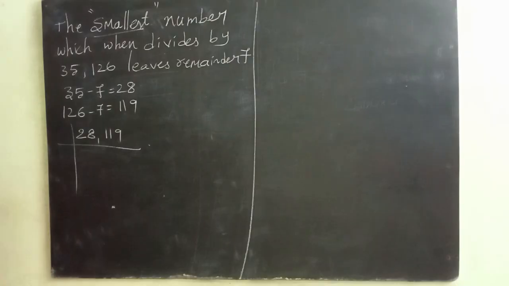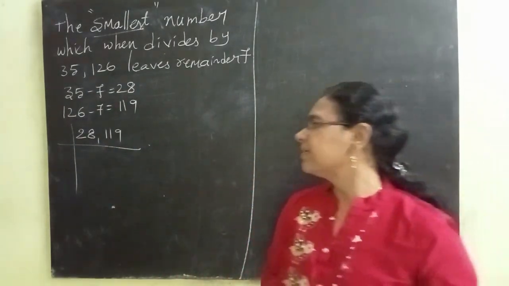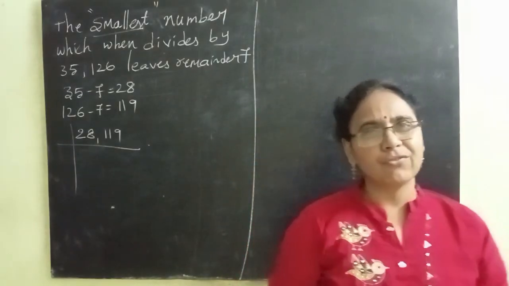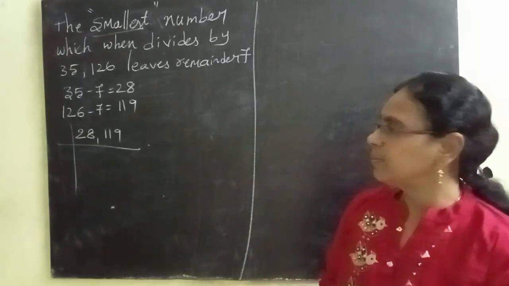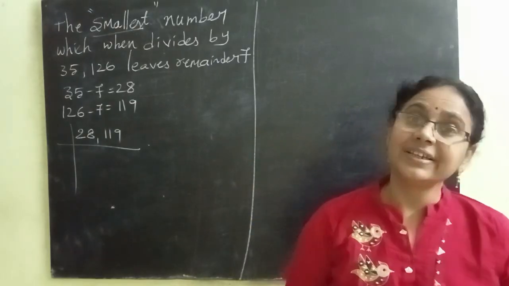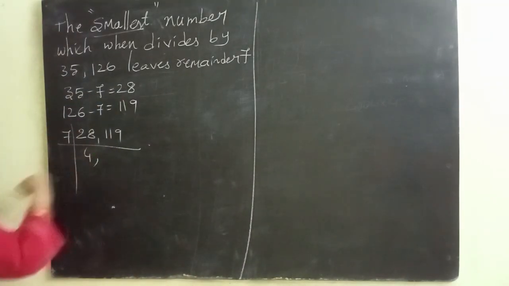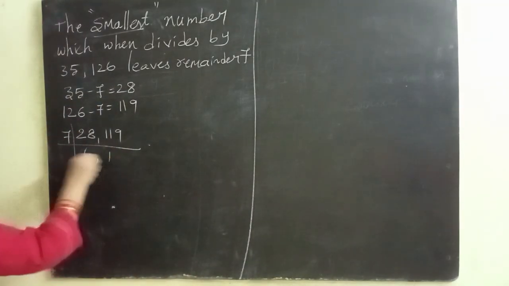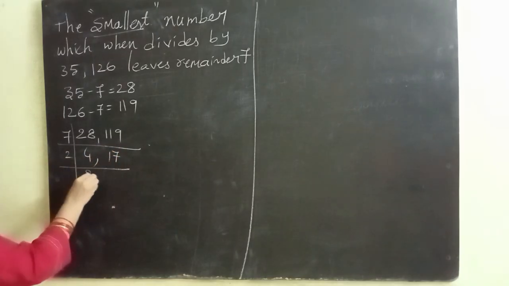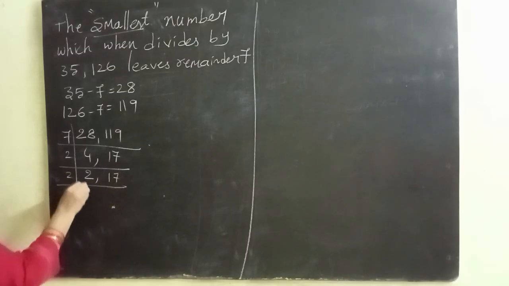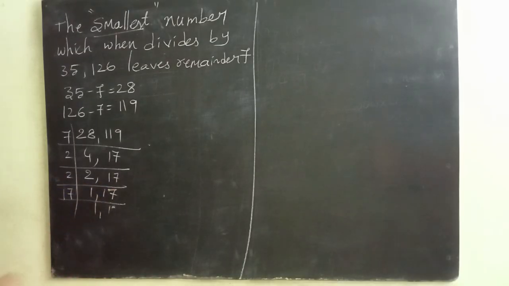Both numbers are not divisible by 2, not divisible by 3, not divisible by 5. Are they divisible by 7? Yes, 28 is divisible by 7, and 119 is also divisible by 7. So we will start with 7. 7 4s are 28, 7 17s are 119. Then 4 gives 2 times 2, and 17 gives 1.